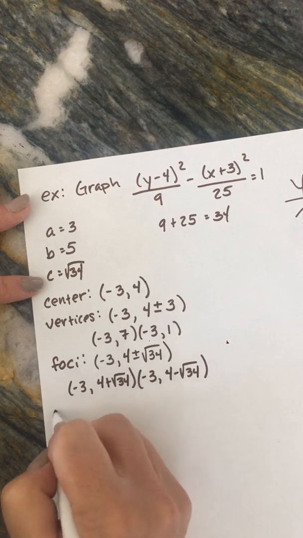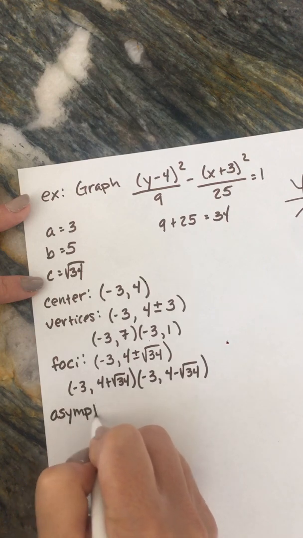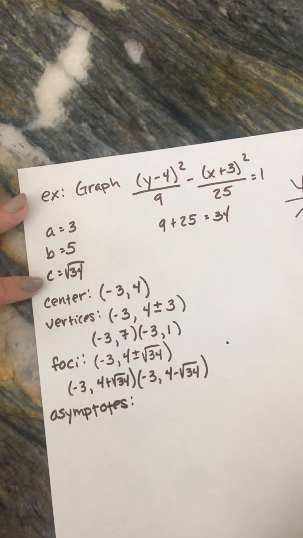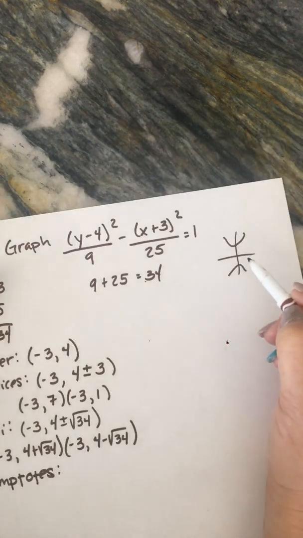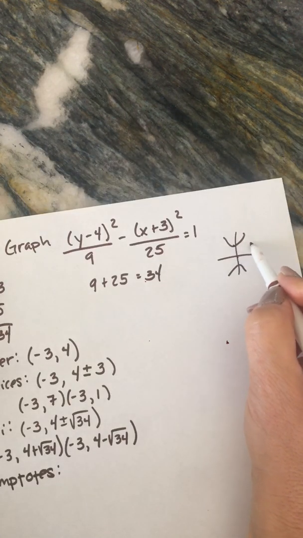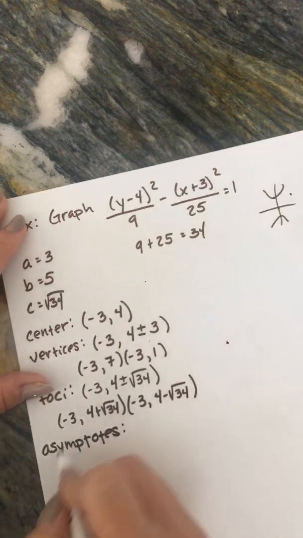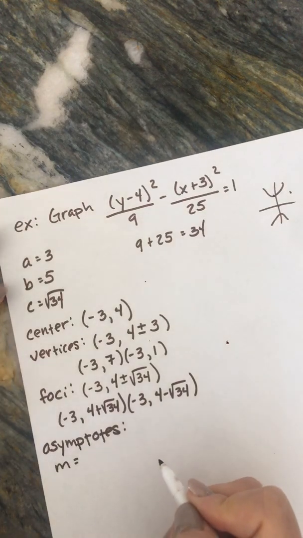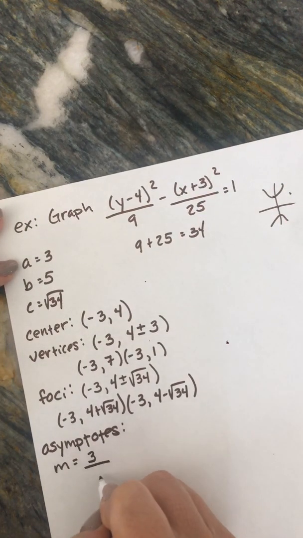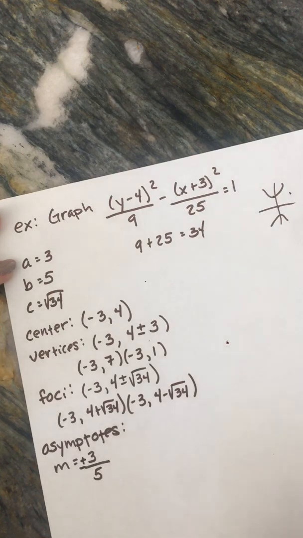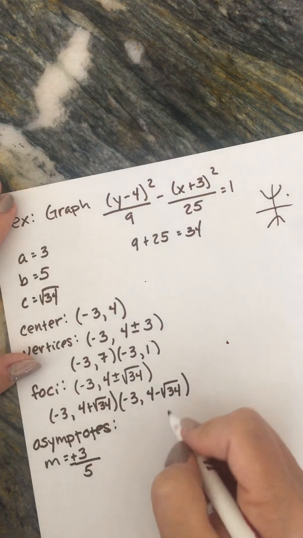Next, we need the asymptotes. So let's take a look at that. We rise A, we run B. So the slope on the asymptotes, we're going to rise A, 3, we run 5. So plus or minus 3/5 is our slope. And so let's write our equations.